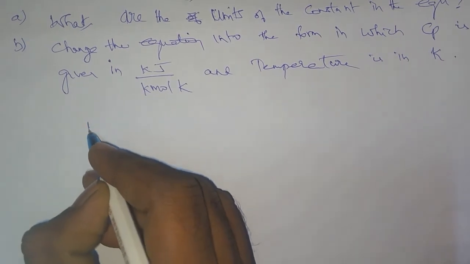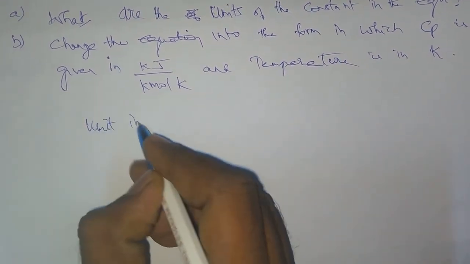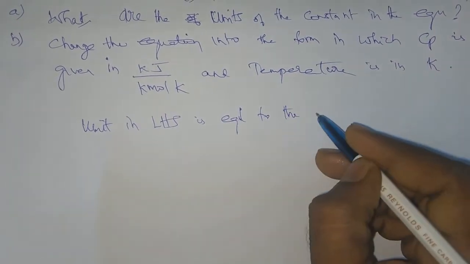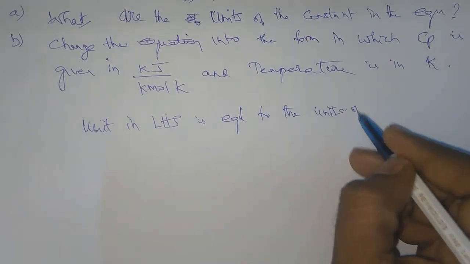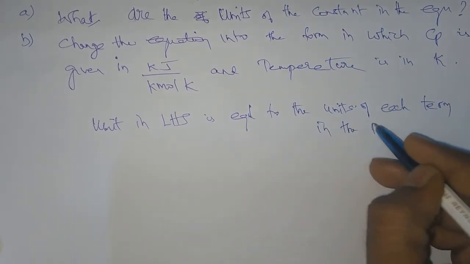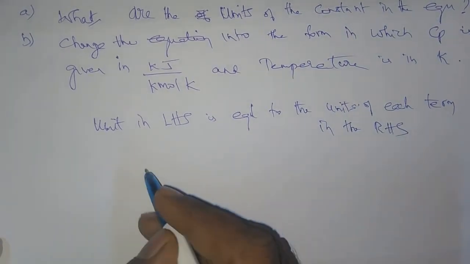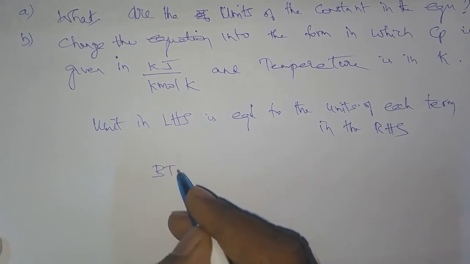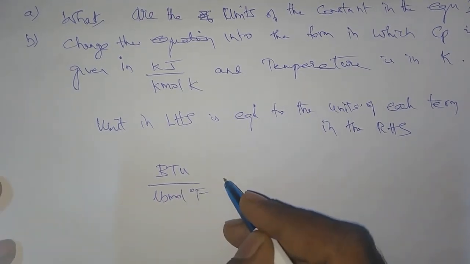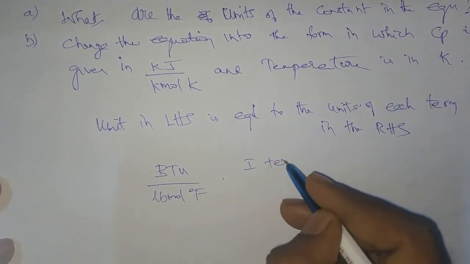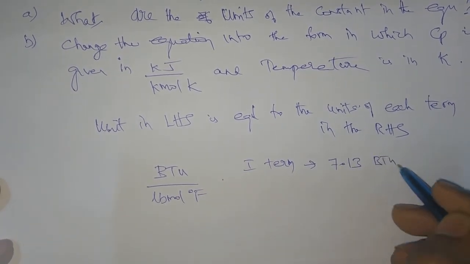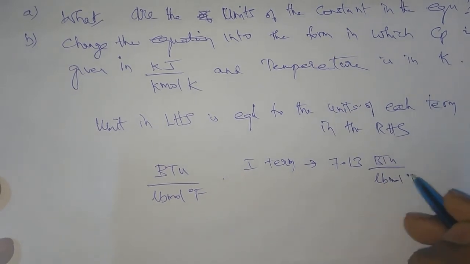We should know that whatever is the unit in the left hand side is equal to the units of each term in the right hand side. That means if the left hand side unit is BTU per pound mole degree Fahrenheit, the unit for the first term is going to be 7.13 BTU per pound mole degree Fahrenheit.